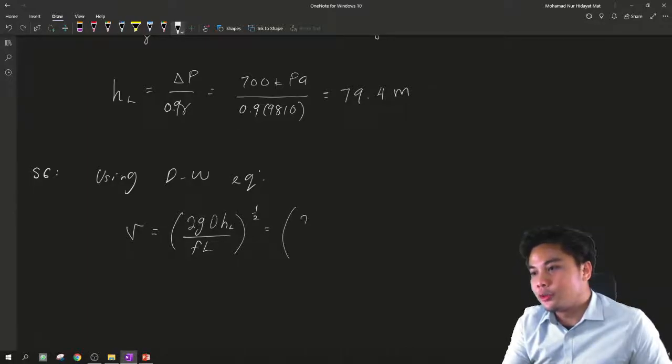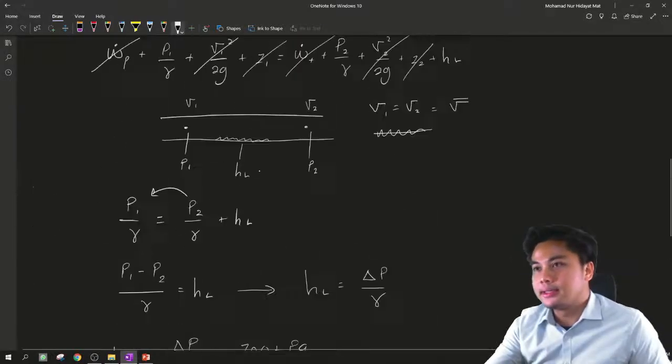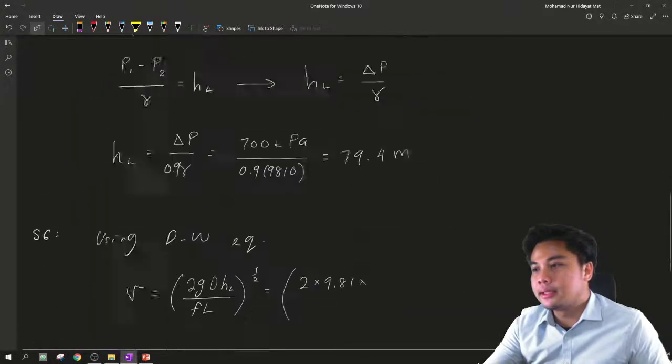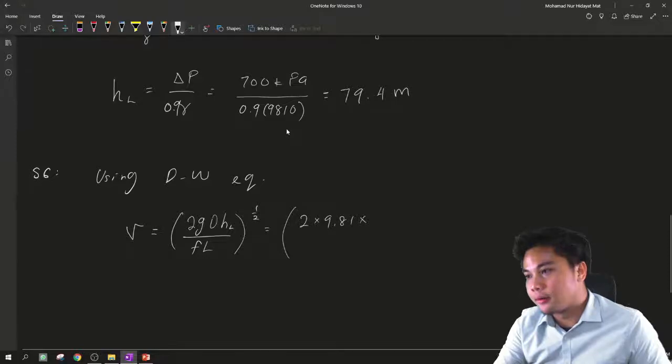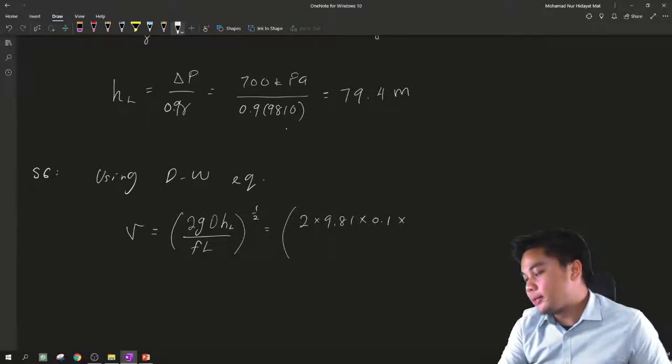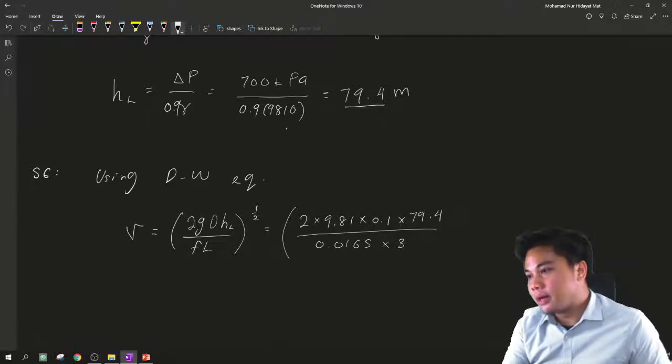Just substitute the values: 2 multiplied with 9.81 multiplied with the diameter of the pipe, which is given here as 100 millimeter, so 0.1 meter, multiplied with heat loss 79.4, over the friction factor we discovered previously, 0.0165, multiplied with the total length of the pipe, 300, to the power of 1 over 2. So you will get 5.61 meter per second.